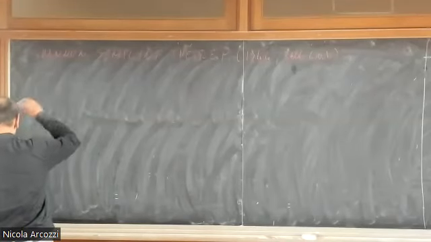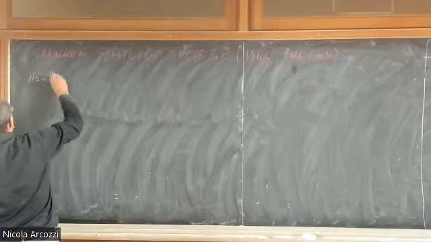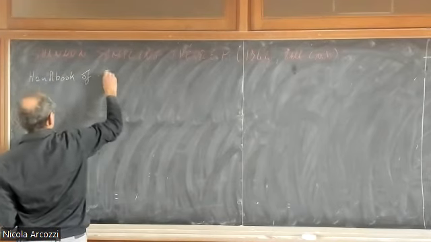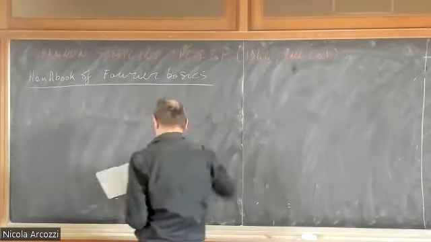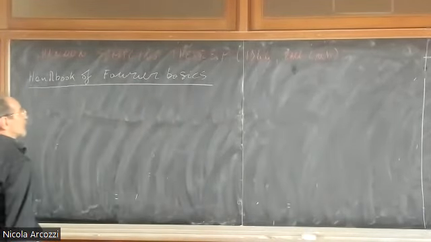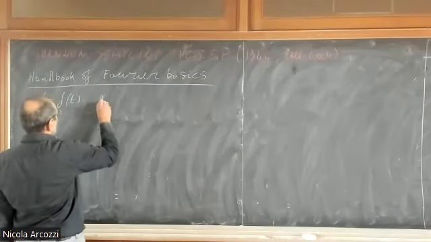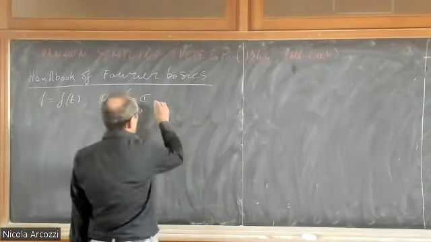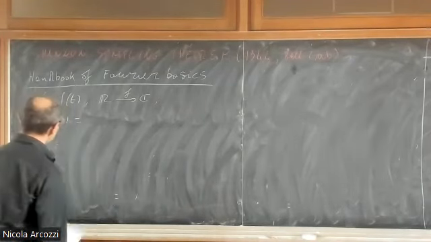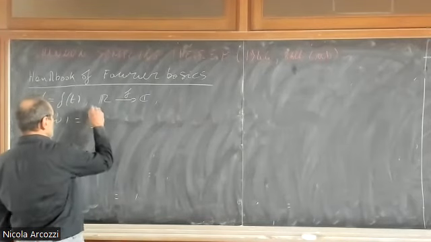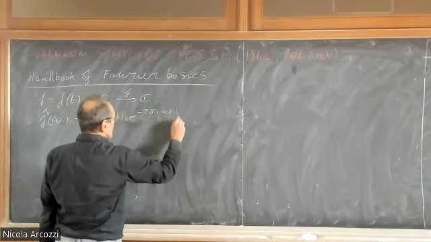So first, let me put here a handbook of, consider, okay, for a function f of t, we define f hat omega as the integral between minus infinity and infinity of f of t e to the minus 2 pi i omega t dt.